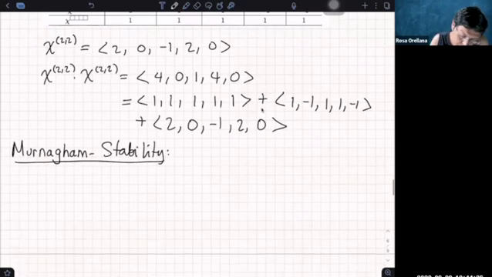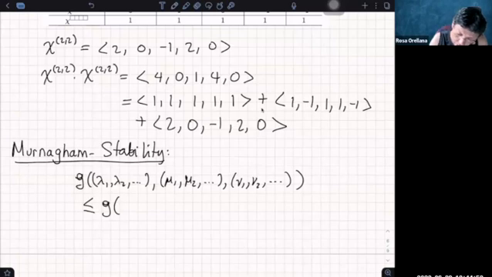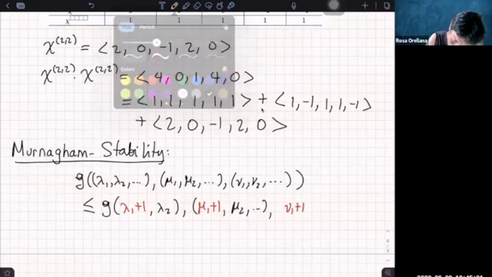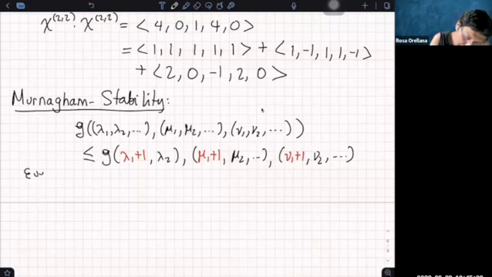What it says is the following: if you take the Kronecker coefficient indexed by three partitions, lambda 1, lambda 2, etc., and mu 1, mu 2, etc., and nu 1, nu 2, etc., this number is going to be less than or equal to the number that you get when you add 1 to the first part of each of them: lambda 1 plus 1, and all the other parts stay the same, lambda 2, etc., mu 1 plus 1, mu 2, and nu 1 plus 1, nu 2, etc. So this increases, and the stability says that eventually it becomes constant.